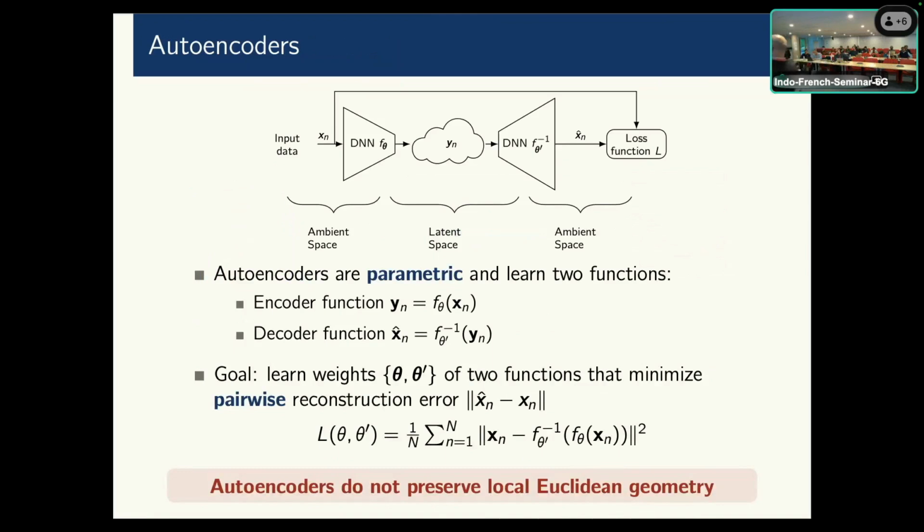Here I don't have one neural network. I have two neural networks. The first one is trying to reduce the dimension, and the second one is trying to do the opposite, which is trying to reconstruct the original data from the low-dimension representation. If you actually look at the loss function here, it is based on the distortion between the original value and the reconstructed value, which is not exactly what I wanted.